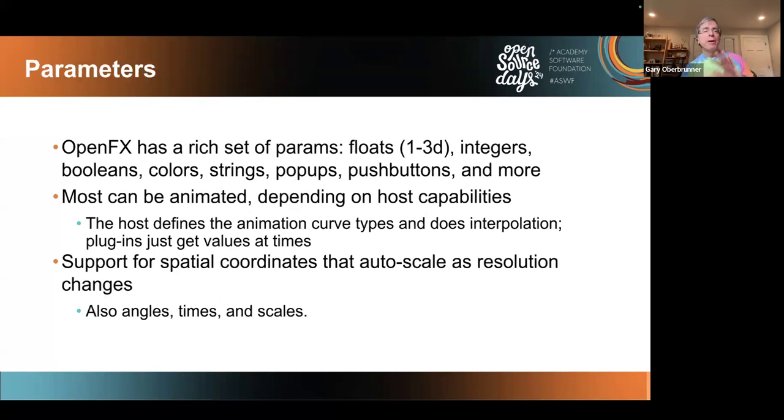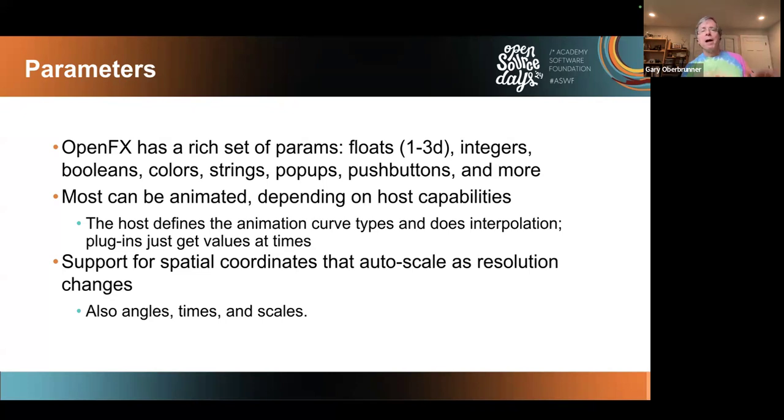Parameter-wise, OpenFX has a very rich set of parameters: floats, integers, booleans, colors, strings, pop-ups, push buttons. Almost everything that you would expect to be animatable is animatable. And there's also support for spatial coordinates like dimensions and positions that auto resize as the host changes, as the resolution changes.